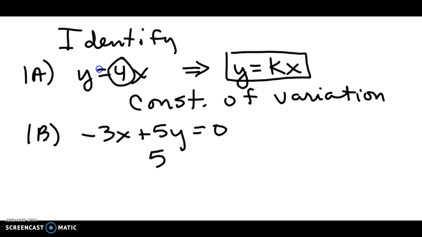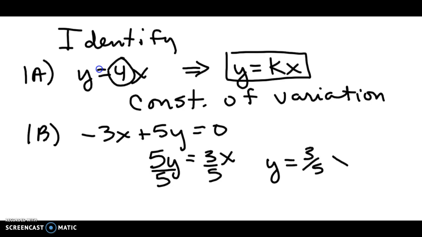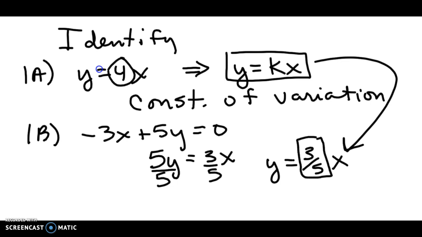We're going to add 3x to both sides, and we're going to divide by 5 to isolate that y. And we see again y is equal to 3/5 x, in that same exact form for direct variation. This time our constant of variation is a fraction, 3/5.